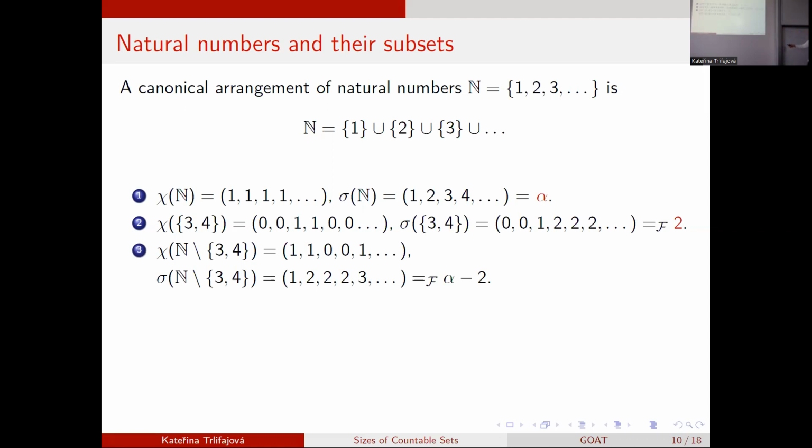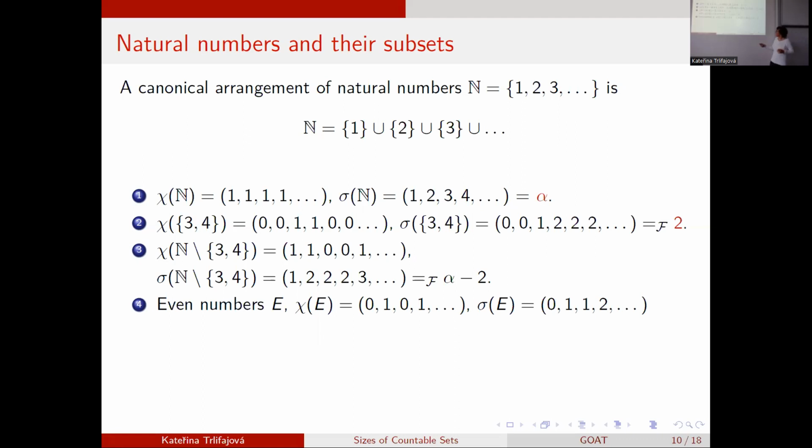The complement of the same set would have this characteristic sequence, and this is its size, and it is alpha minus 2. If we take even numbers, their characteristic sequence is 0, 1, 0, 1, and its size would be expressed by this sequence.